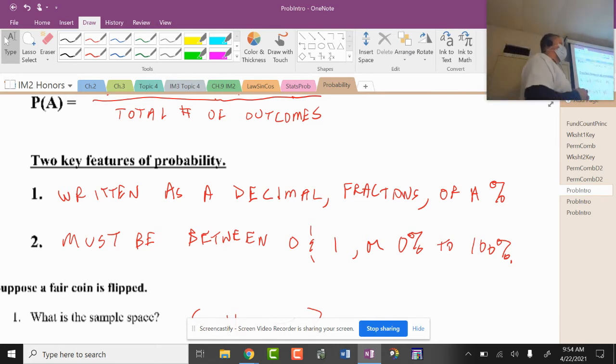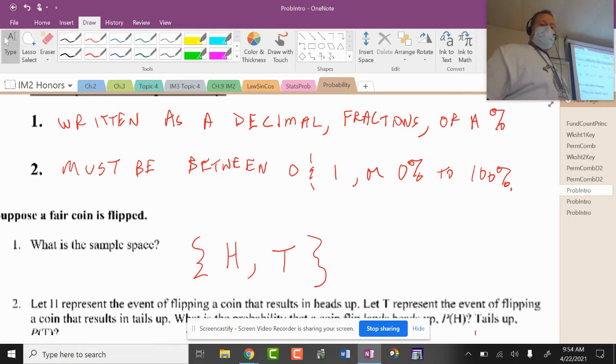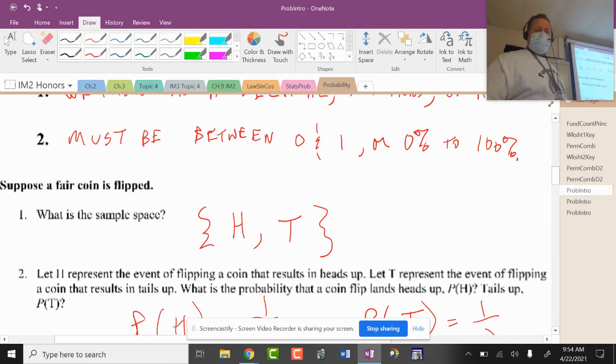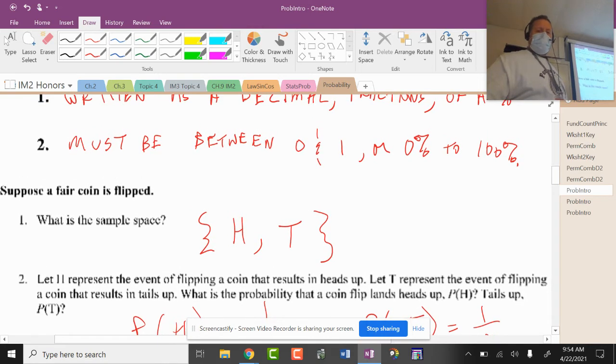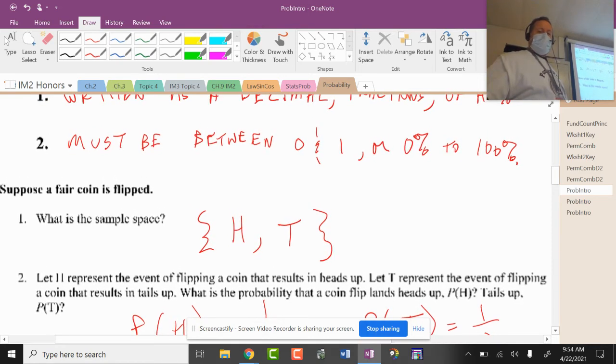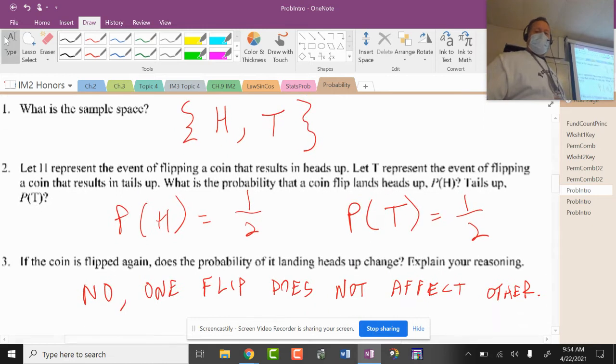Flipping a coin. What are my possibilities? Heads or tails, right? So that's the sample space. Then I'll go into the writing of blanks on the next one. Okay, so let H represent the event of flipping a coin and getting heads, T, tails. What is each probability?